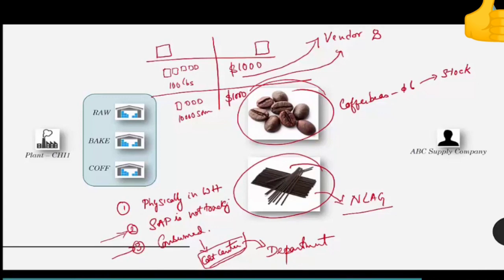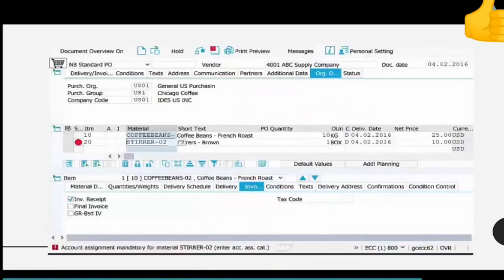Why are we not putting it in stock and charging directly to the HR department? That's a good question. We'll get to that in a minute. So for now, let's create this cost center. And creating a cost center is creating a code for a department. As simple as that. Okay?